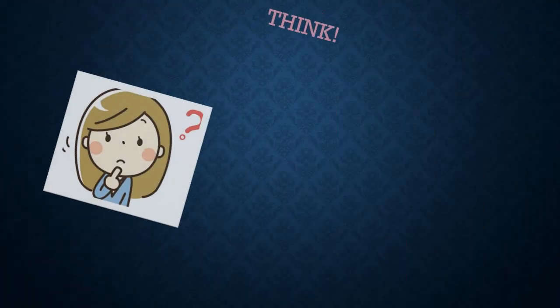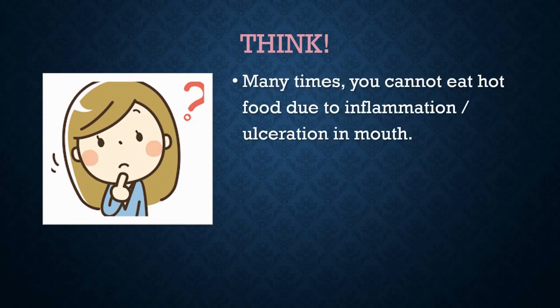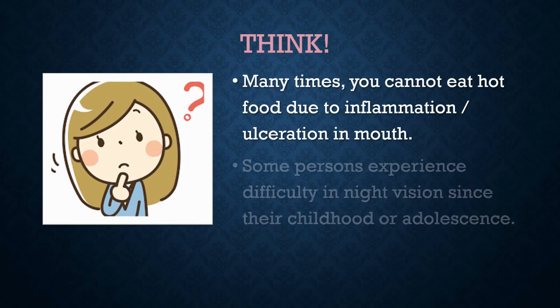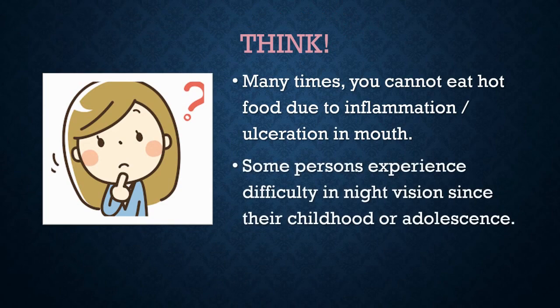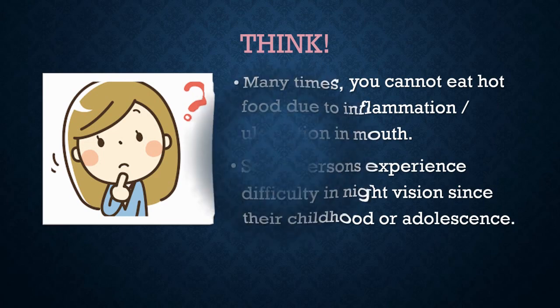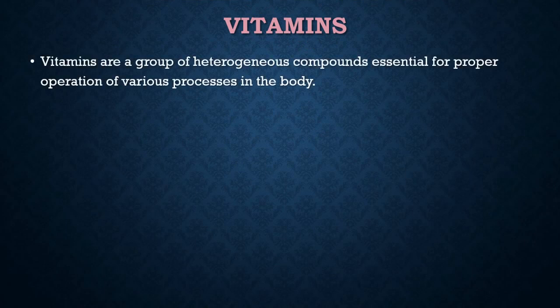Let us think why many a times we cannot eat a hard food due to inflammation, or we can say mouth ulcer. And you might have seen some persons experiencing difficulty in night vision since their childhood or adolescence. Why does this happen? These complications arise due to the deficiency of vitamins.